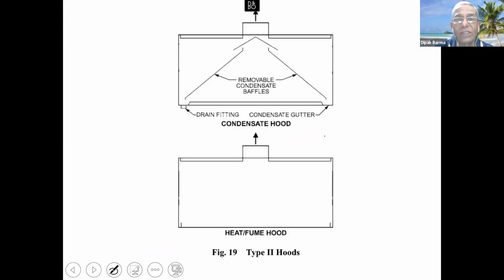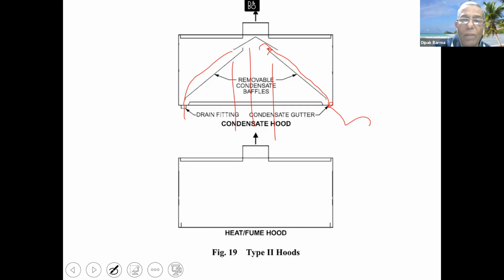Okay, now let's talk about the type 2 hoods. We've been talking about the type 1 hood till now, where it was all with grease and other things. Here we have a removable condensate baffle, because of the steam, we collect the steam and let it drain out from here, so that it doesn't keep dripping on the side.